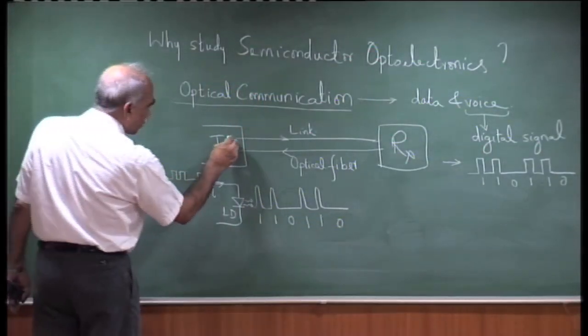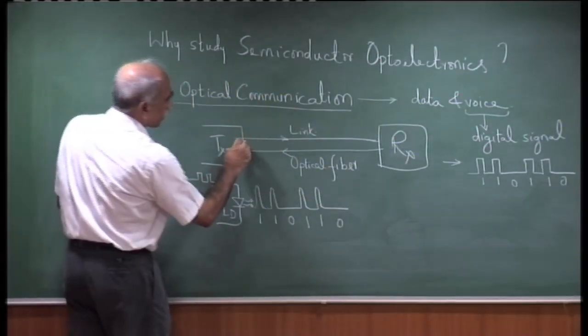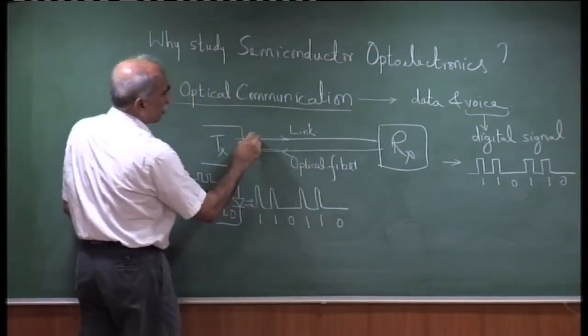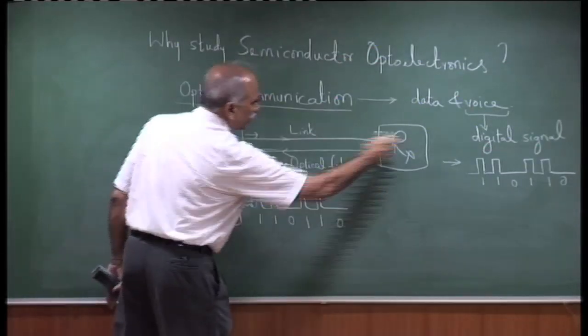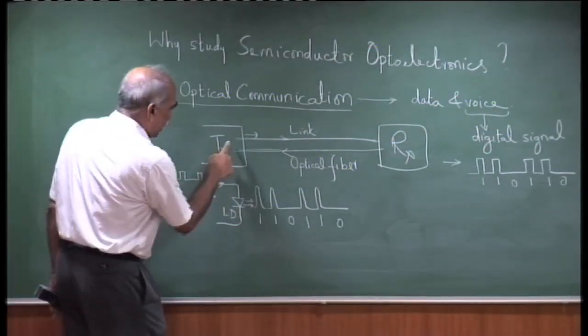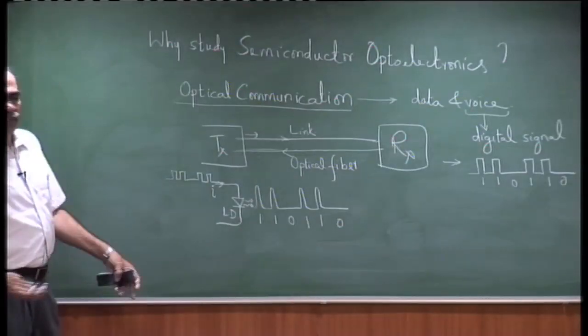The light output is then coupled to the optical fiber and transmitted towards the receiver. So the last component in the transmitter is a semiconductor laser diode or a light emitting diode.